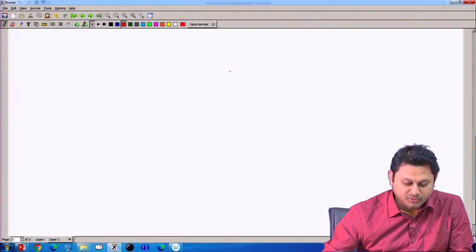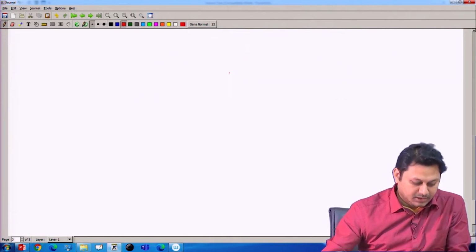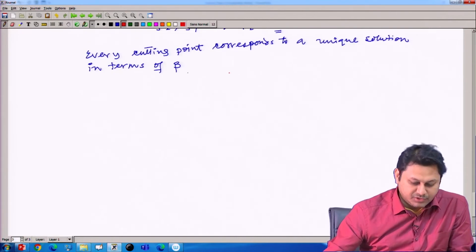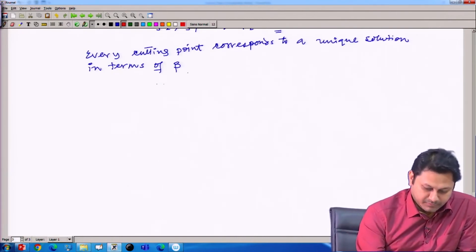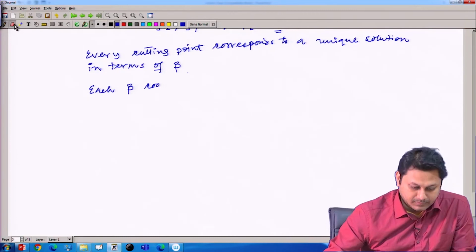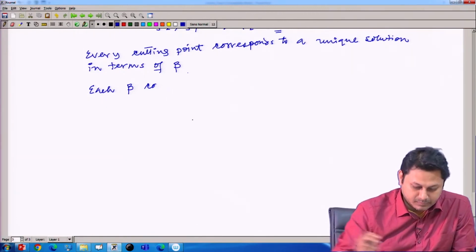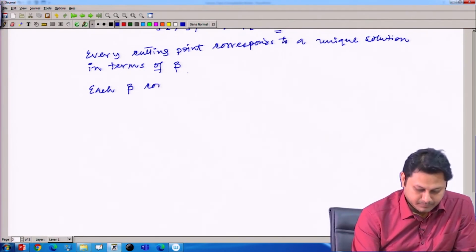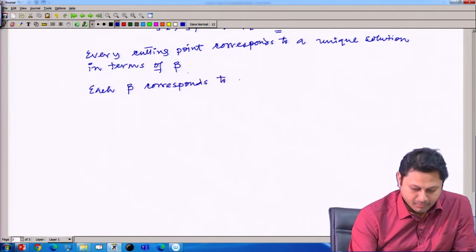Now, from here I can write, each beta corresponds to a mode.